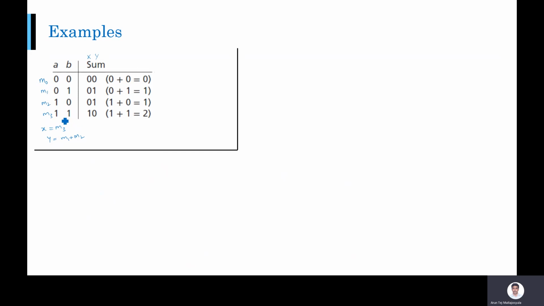M3 will be 1 only for a equal to 1, b equal to 1, so m3 is equal to ab. M1 is a'b, and m2 is ab', so m1 plus m2 is a'b + ab', which is nothing but a XOR b. Therefore, you can get x and y by using an AND gate and an XOR gate.